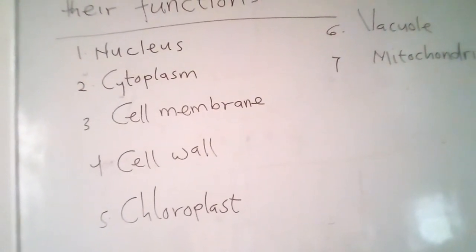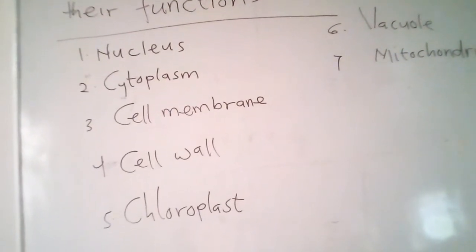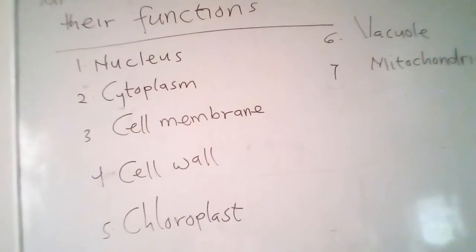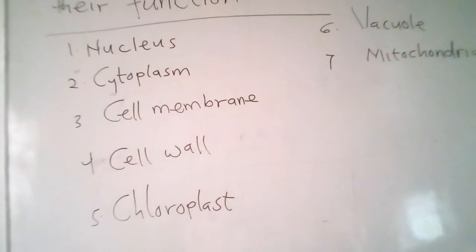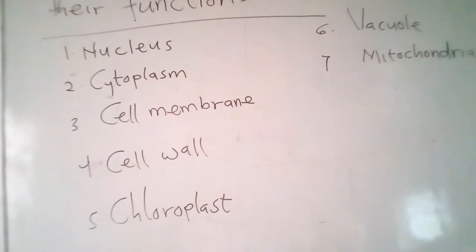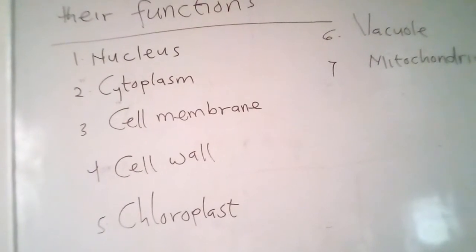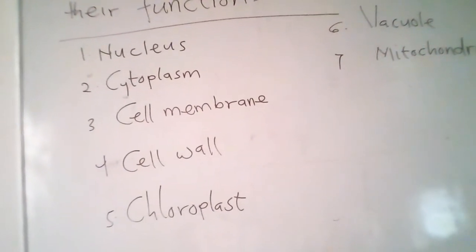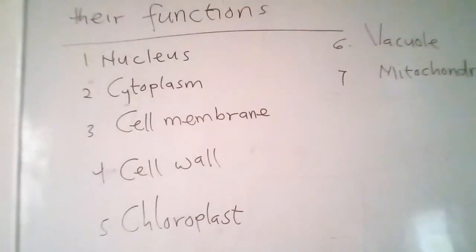Chloroplast contains the green pigment called chlorophyll. They are found only in a plant cell. The function of chloroplast: the chloroplast contains the chlorophyll, which is the green pigment that absorbs or traps the sunlight needed for photosynthesis to occur.